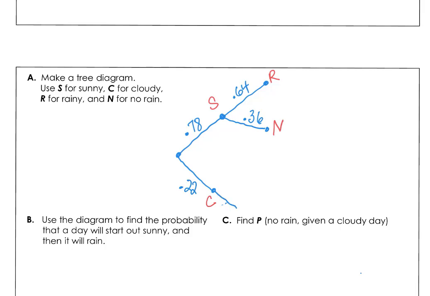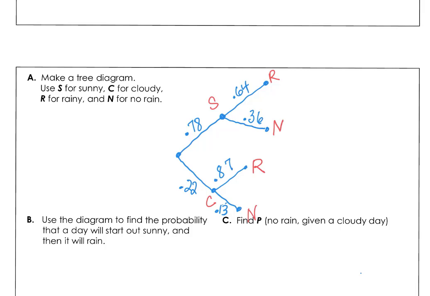So 13% would be no rain, and 87% would be rain.